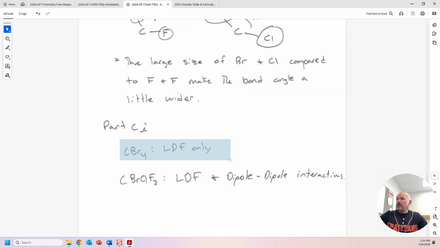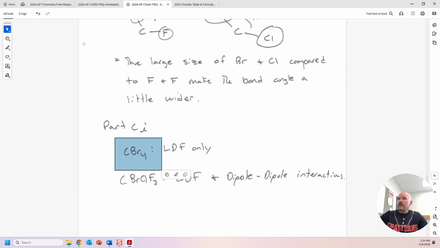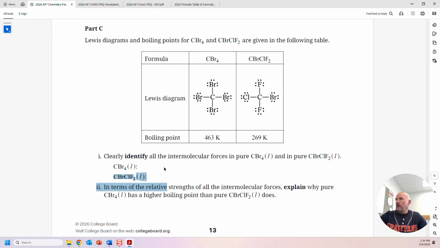Well, the London dispersion forces between these molecules must be stronger than the combined London dispersion and dipole-dipole interactions between those molecules, because this had a higher boiling point, and that's what that means. So we know which one has stronger IMFs. It's this one, but its only IMF is London dispersion, so its London dispersion is stronger than the combined IMFs of this one. Okay.